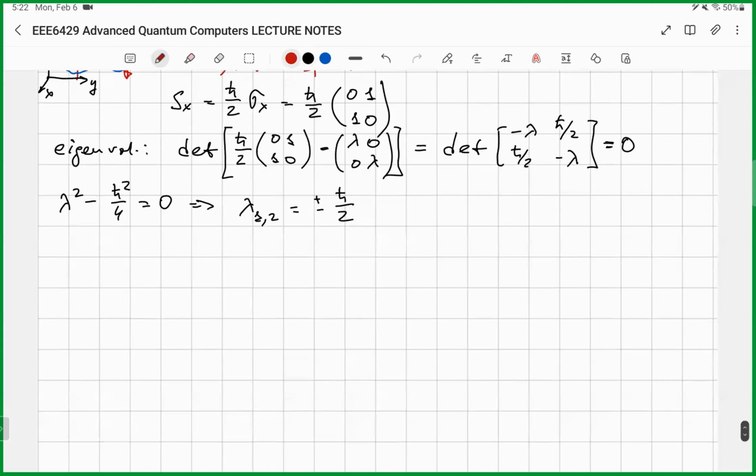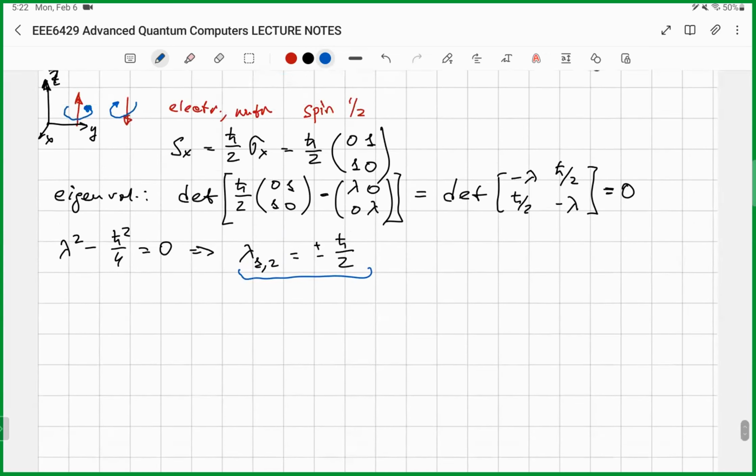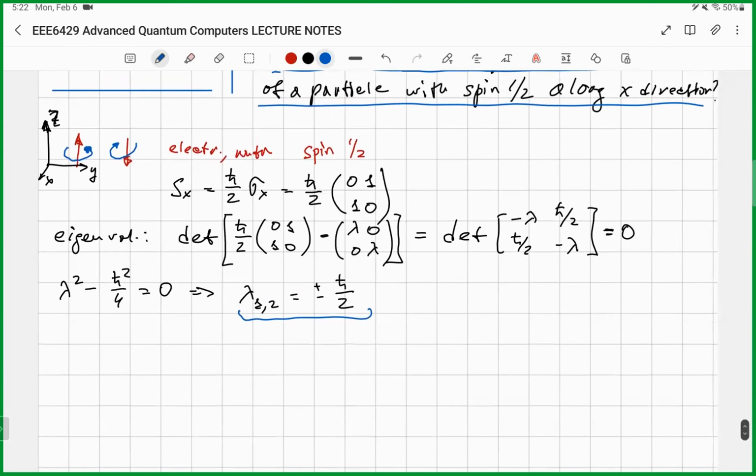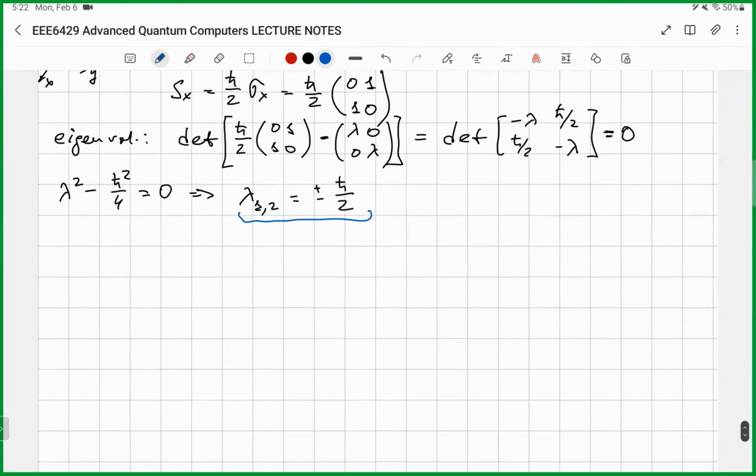So this is basically the answer. The eigenvalues of this spin operator Sx simply equal plus minus h bar over 2.